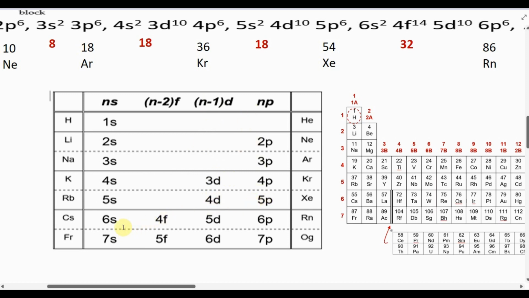Then in the sixth and seventh shells, 6s, (n-2)f is 4f, (n-1)d is 5d, and np is 6p. In the seventh and final shell, n is 7, 7s, (n-2)f would be 5f, (n-1)d would be 6d, np is 7p, and that takes us all the way to Oganesson.